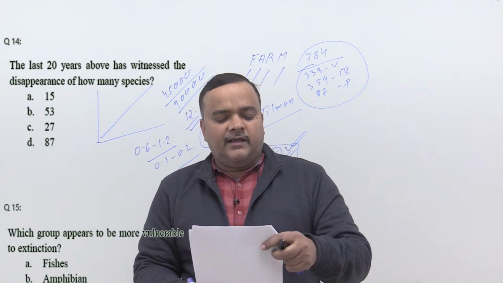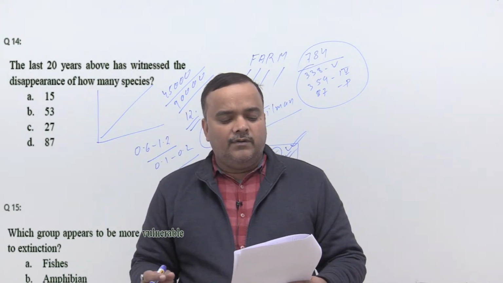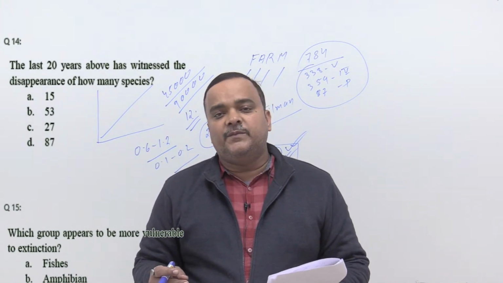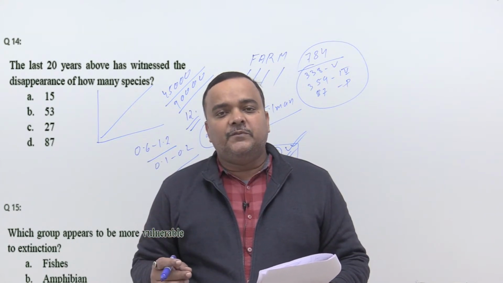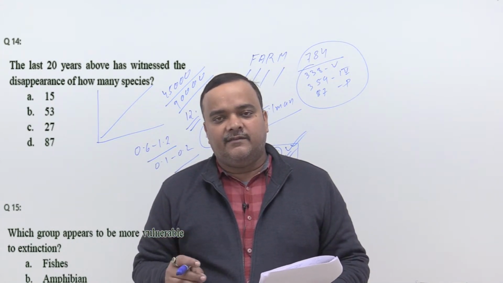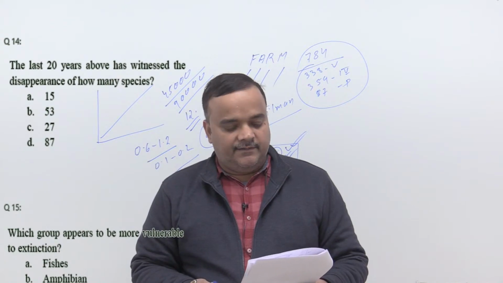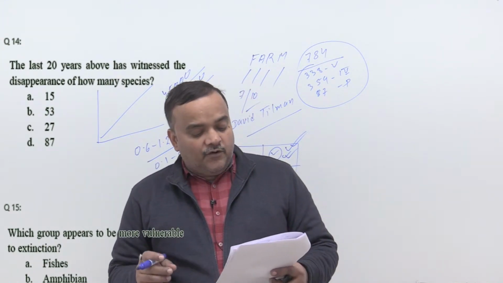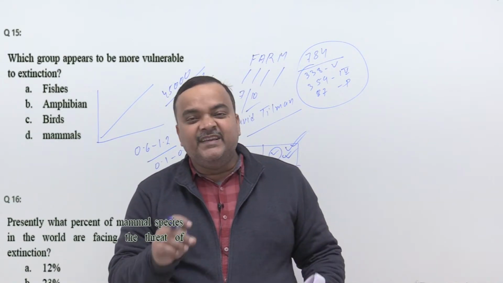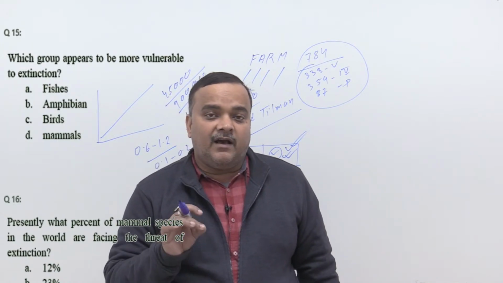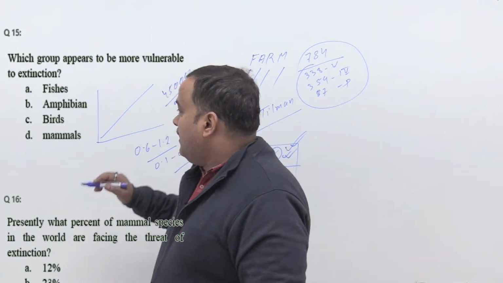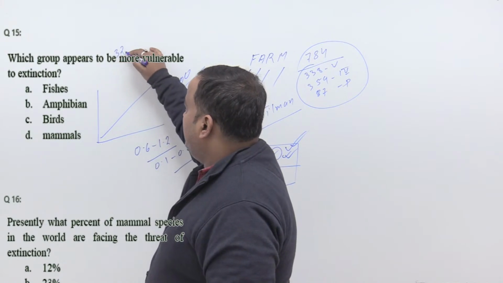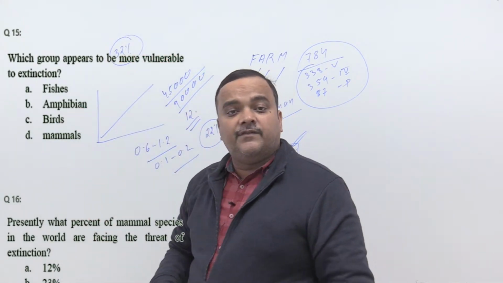Next: the last 20 years alone has witnessed the disappearance of how many species? 27 species have become extinct in the last 20 years. Now, which group appears to be more vulnerable to extinction? Amphibians are more vulnerable, because 32% of the total amphibian population is facing the threat of extinction.